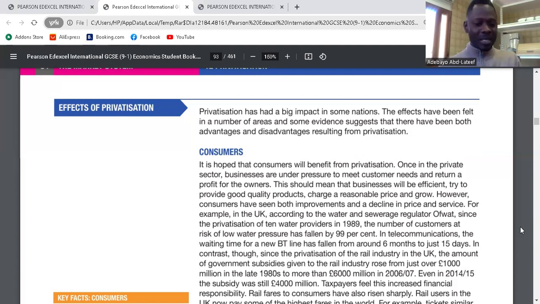So as a result of this, privatization will benefit consumers mostly, because one, they are the kingpin of any business. Two, they are the ones that will buy whatever we are selling. So there's always that pressure on businesses to ensure that they are producing goods that consumers will buy. If not, they're not going to sell. They will lose out on revenue.